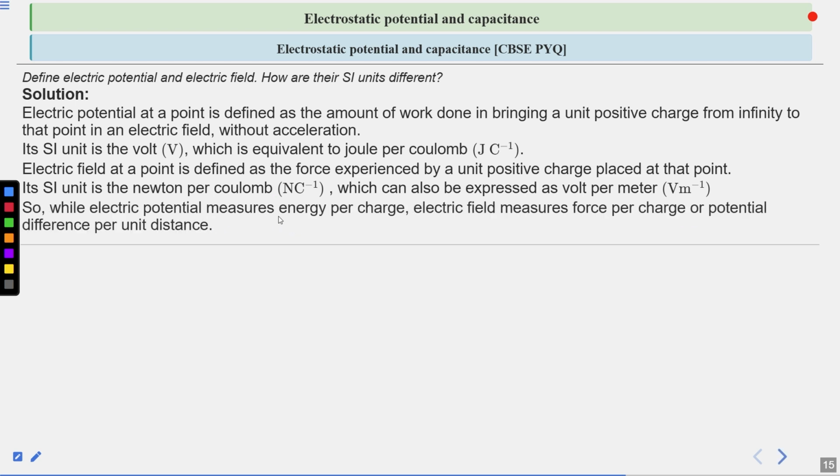So while electric potential measures energy per charge, electric field measures force per charge or potential difference per unit distance.